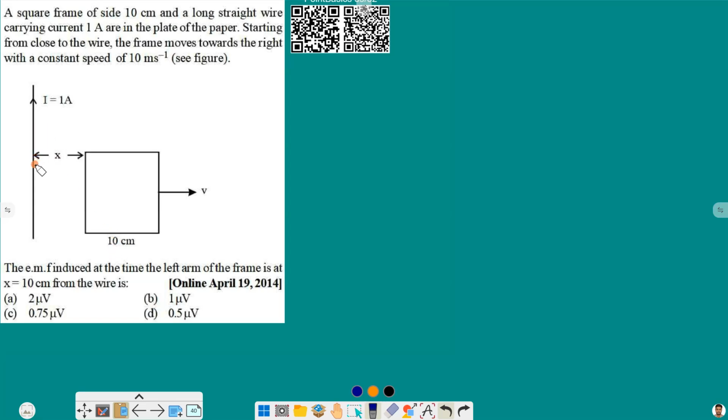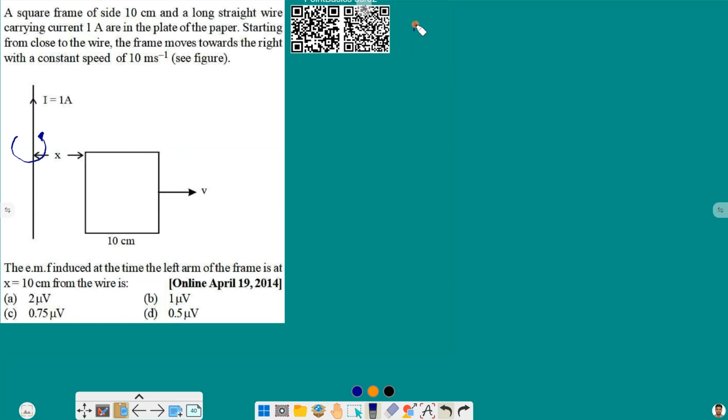Now, as current is moving in the upward direction, we can find the magnetic field using the right hand screw rule. That will be something like this. So in the right side of this wire, the magnetic field will be into the page.